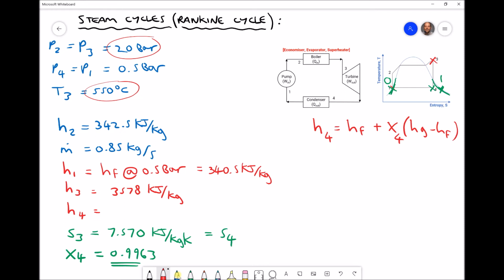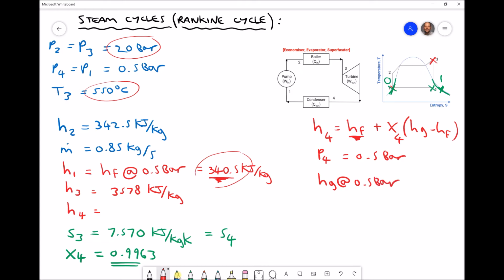Now, as we said previously, our pressure at position 4 is 0.5 bar. And we already have HF at 0.5 bar. Over here for H1, we said HF at 0.5 bar was 340.5 kilojoules per kilogram. So we have HF, but we need to look up Hg at our reference pressure of 0.5 bar.